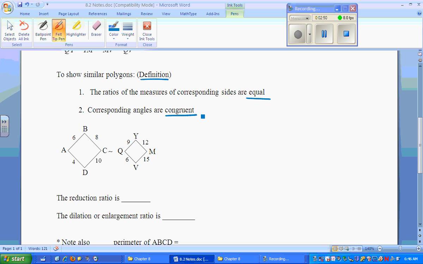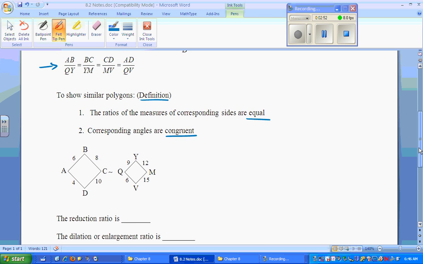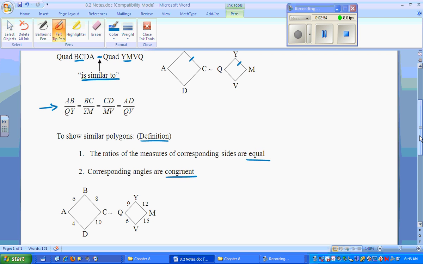So using the idea of our statement up here, these are similar, so we need to match them up to make sure that they're the same. The side 6 here had to match with the side YQ, that side there, so that's 6 over 9, which simplifies to 2/3.